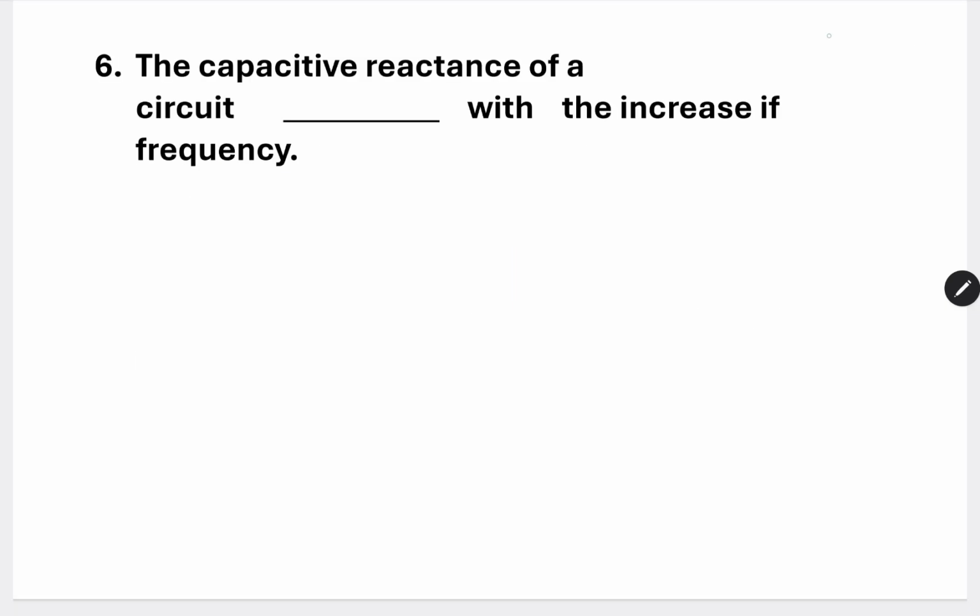Next, question number 6. The capacitive reactance of a circuit dash with the increase in frequency. So what is the formula of the capacitive reactance? Xc is equal to 1 by 2 pi Fc. If the frequency increases, what is going to happen to the capacitive reactance? Let us analyze.